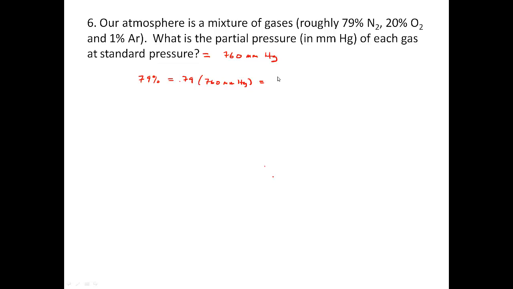Quick calculation gets us 600 millimeters of mercury of nitrogen.